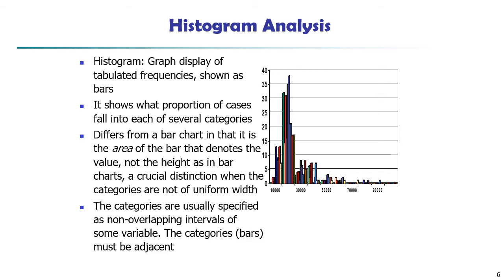The categories are usually specified as non-overlapping intervals of some variable. The categories must be adjacent in a histogram. So what actually are our x-axis? The x-axis are basically categories.